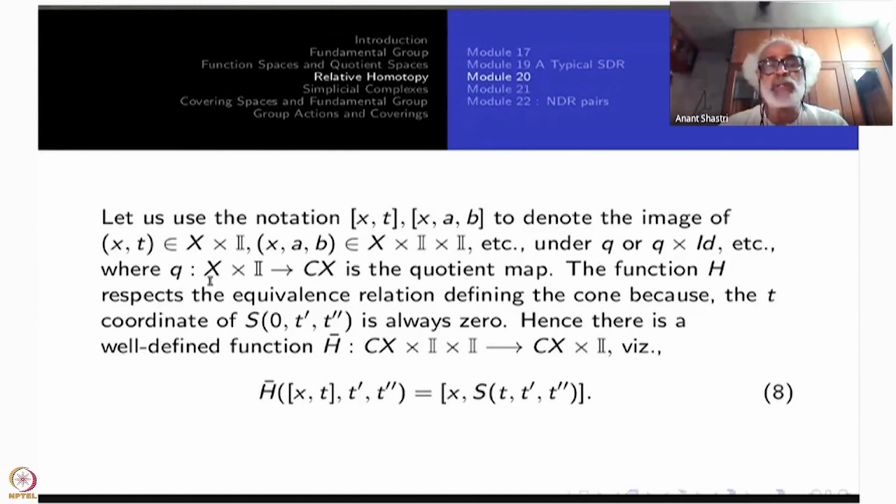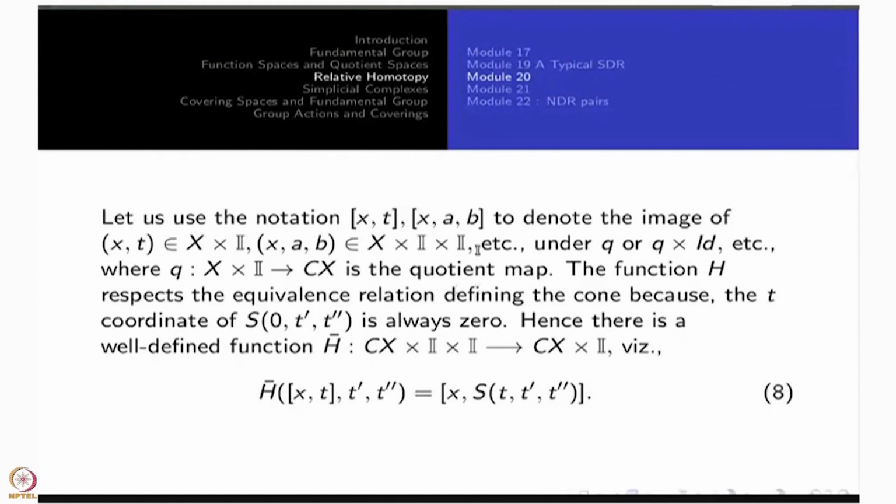There is one cone construction Q from x cross I to Cx. Then if I take one more cross I, it will be Cx cross I, and so on. Let me have one uniform notation instead of too many notations. Whenever I write round brackets, they are in the product space. Whenever I write square brackets, they are in the corresponding Cx cross I cross.